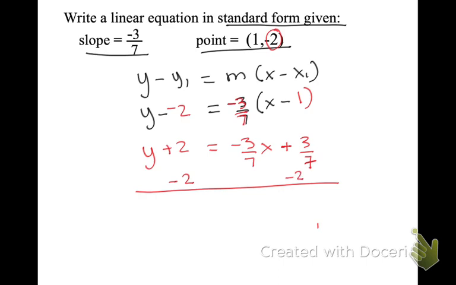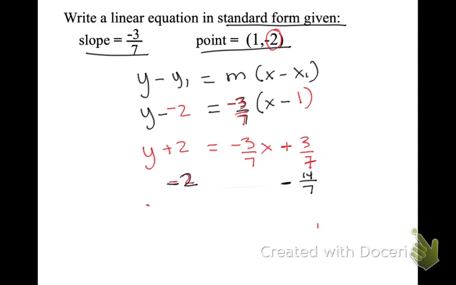We're going to need a common denominator. So when I write 2 over here, I need something that has a denominator of 7. What over 7 equals 2? 14. So it's going to be a negative 14.